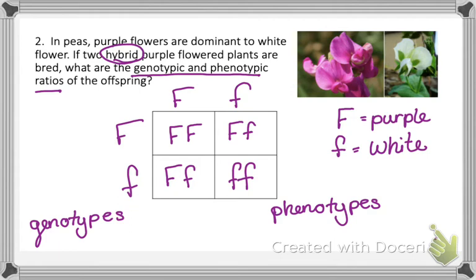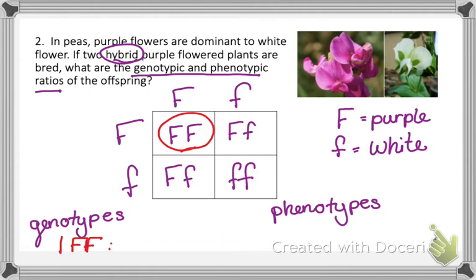So I have hybrid purple flowered plants and they're bred, and I want to know what the genotypic and phenotypic ratios are going to be of the offspring. Here you can see I filled in my offspring. The first thing I need to do is look at my genotypes. I have 4 possible genotypes, so let's circle them independently. Out of my 4, I have one that's big F, big F, homozygous dominant.